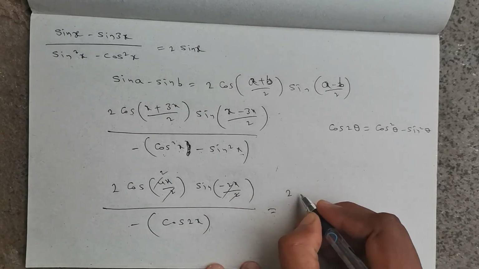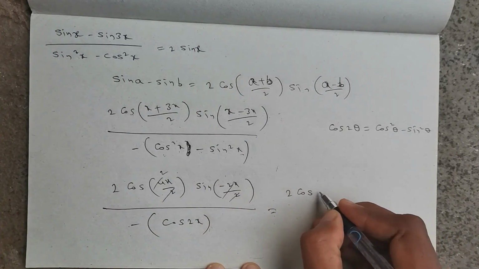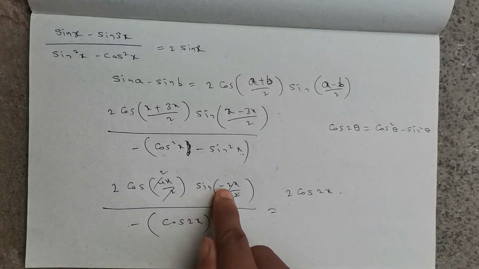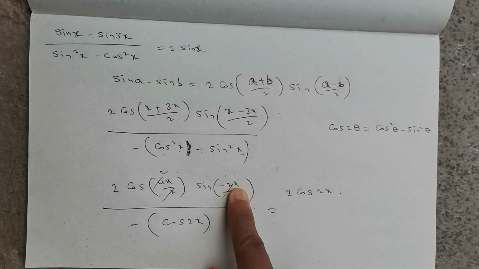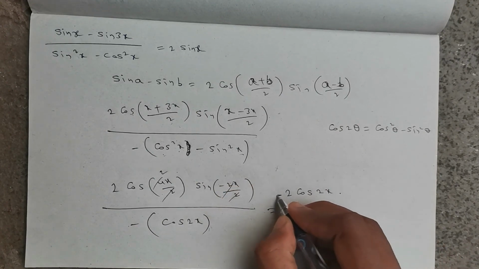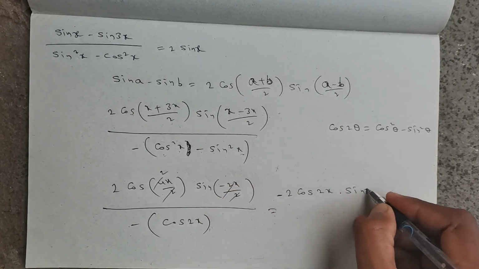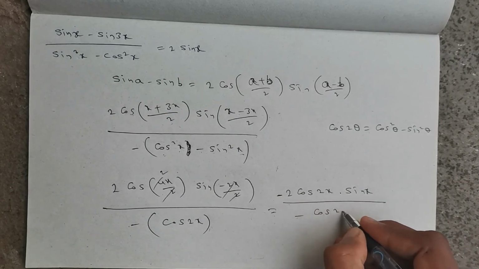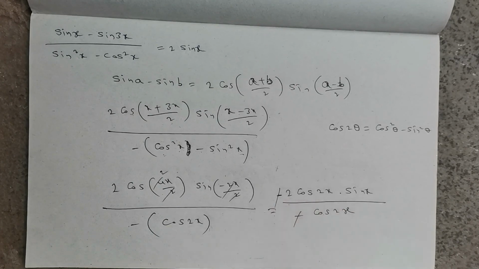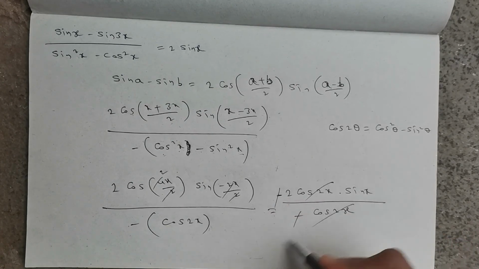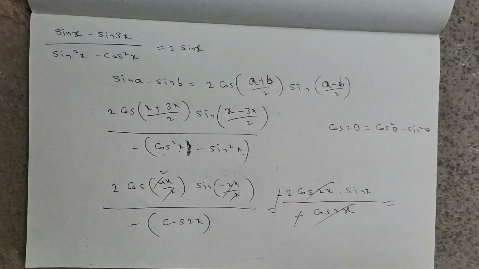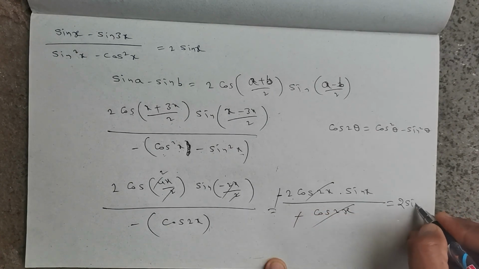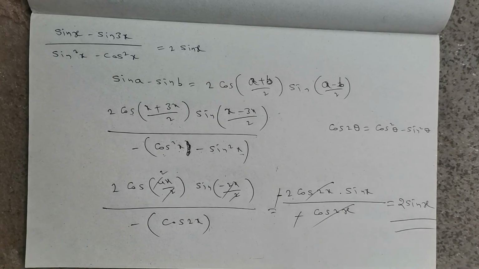So we remain with 2 into cos 2x into sin of minus theta, which is minus sin theta. So minus will be there, and sin x divided by minus cos 2x. Minus minus cancel, and cos 2x cancels. So we remain with 2 into sin x. Hence proved.